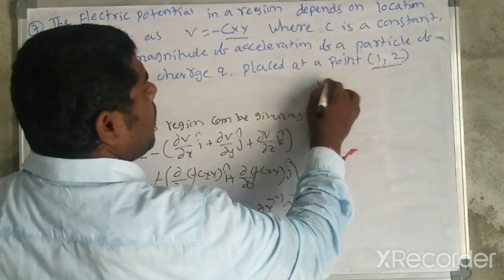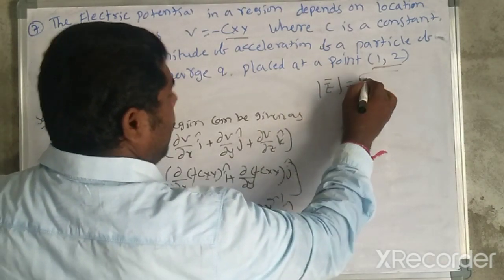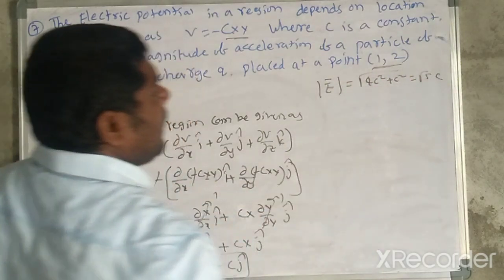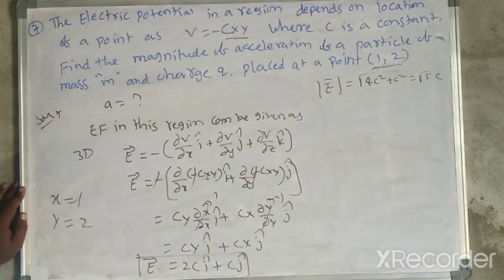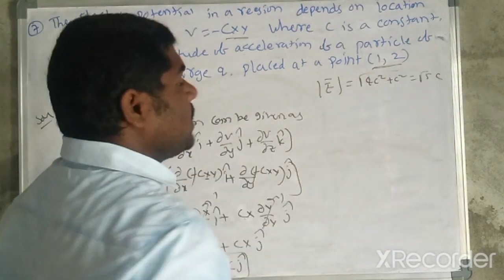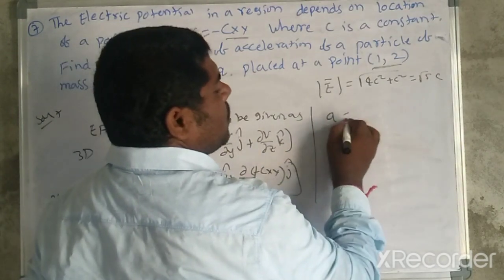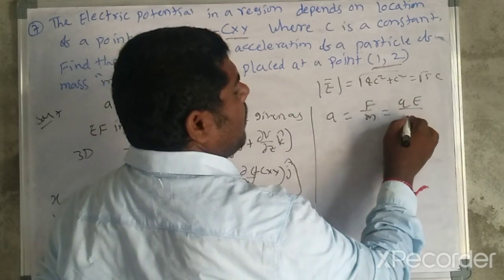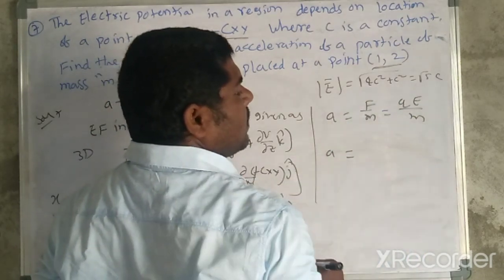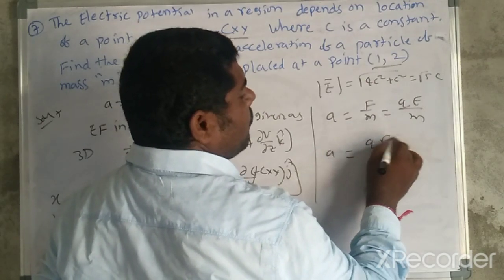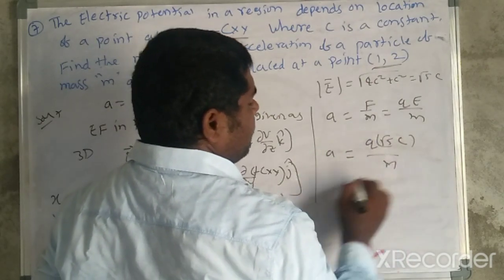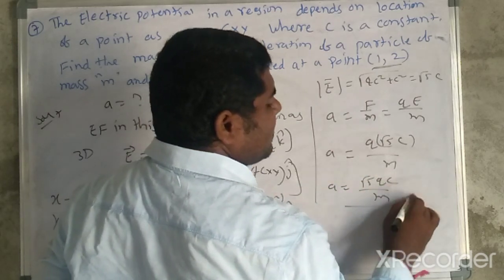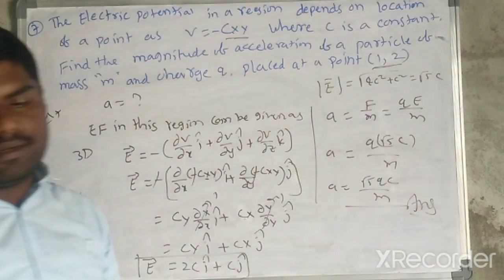The magnitude of the electric field is the root of 4C squared plus C squared, which is root 5 C. Now acceleration is equal to force by mass, and force is q into E divided by mass. So the magnitude of acceleration is root 5 qC divided by m. This is the answer to the question.